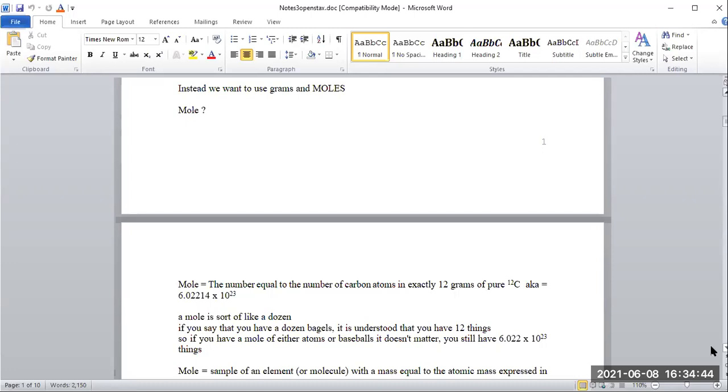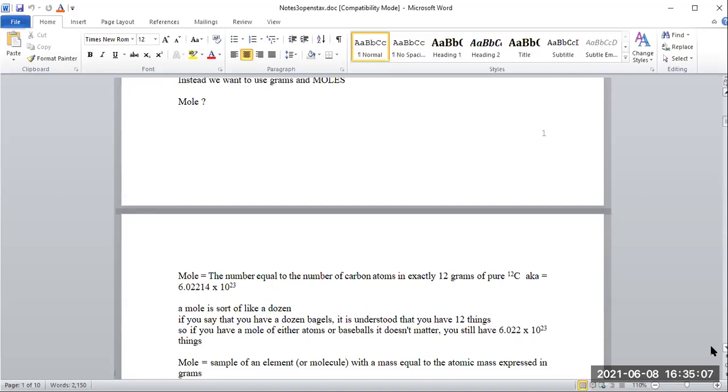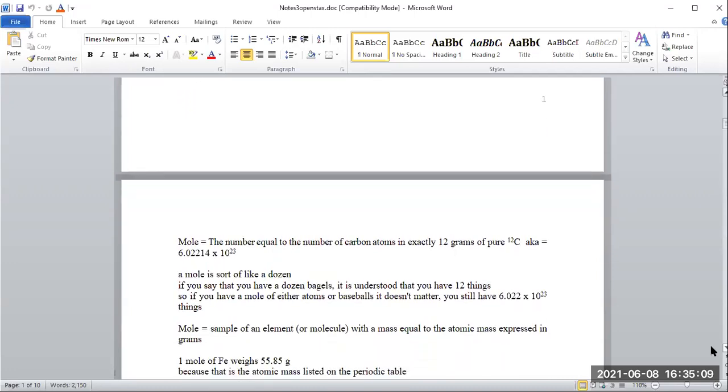They arrived at this by saying that it was the number equal to how many carbon atoms are in 12 grams of carbon-12. The number is 6.02214. We usually don't pay a whole lot of attention to those last 2 decimal places, times 10 to the 23rd.